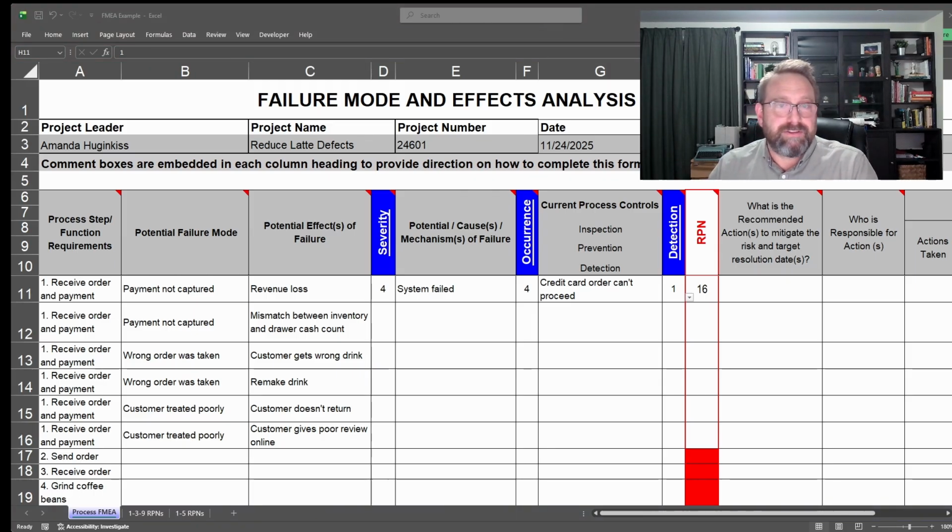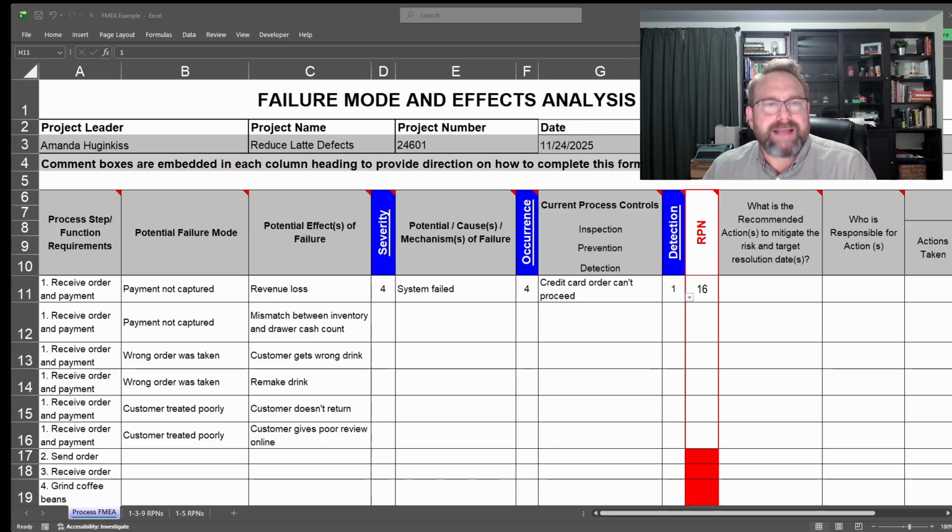If this proceeded through and the cashier didn't know any better, this would be probably a 5. But it's a 1. So the ability to detect failures is a good thing. So just watch out when you're going through this that high numbers are bad, but a high number for severity is very severe. A high number for occurrence occurs all the time. A high number for detection means it's not detected.